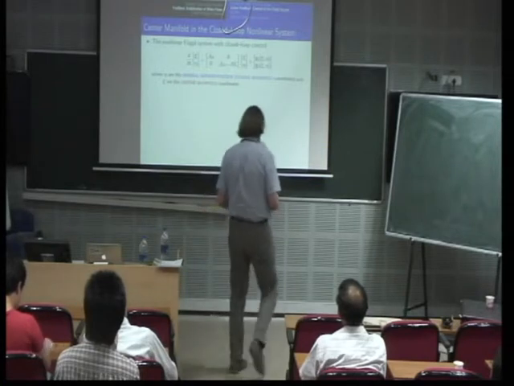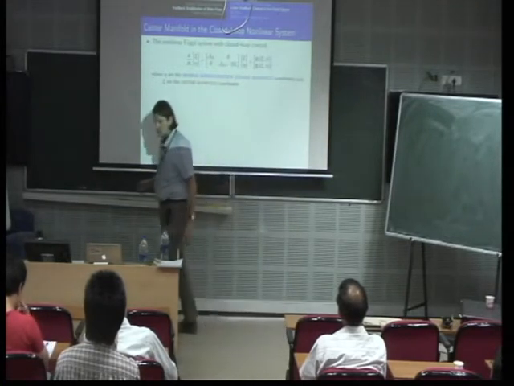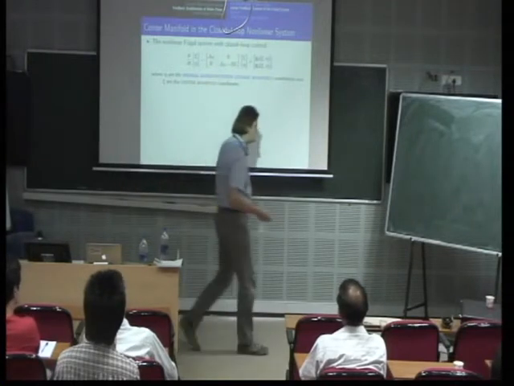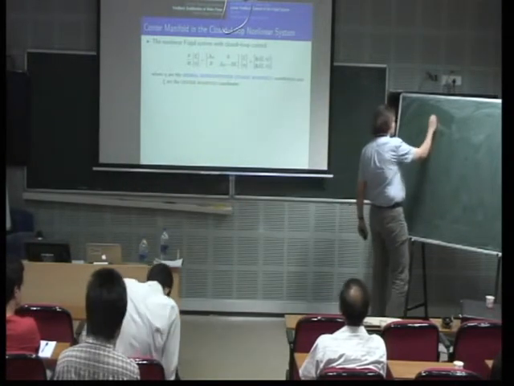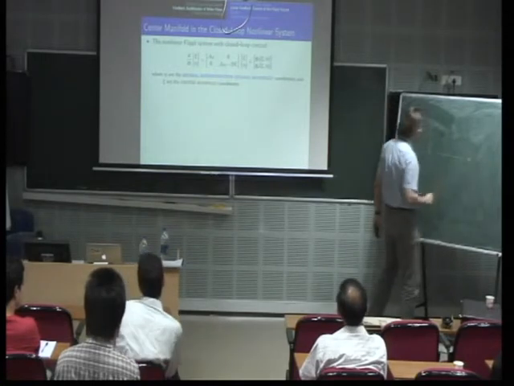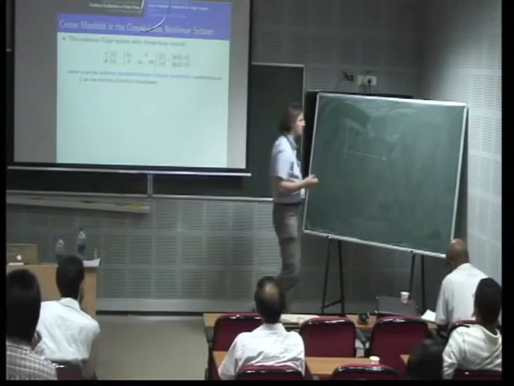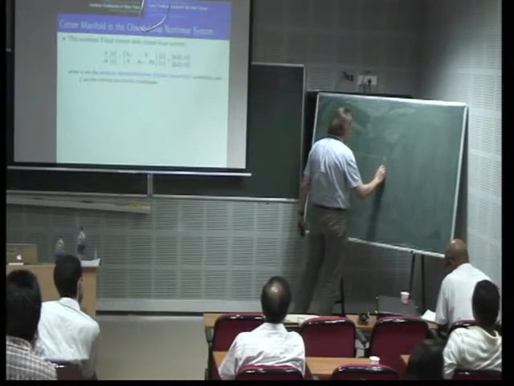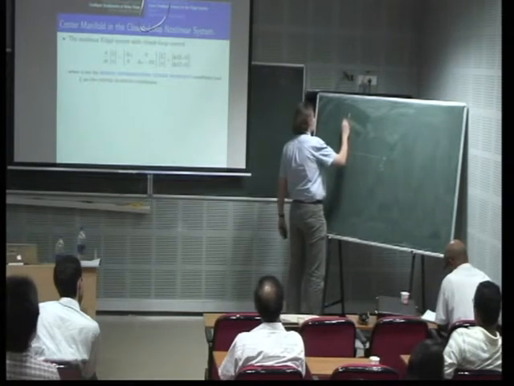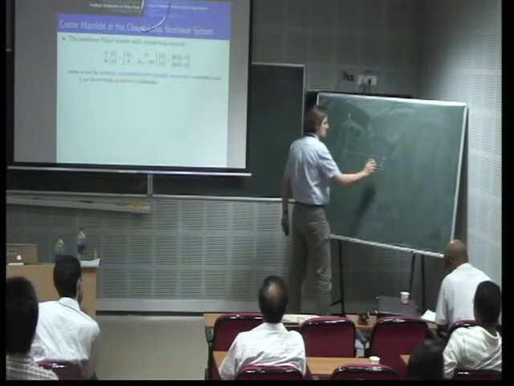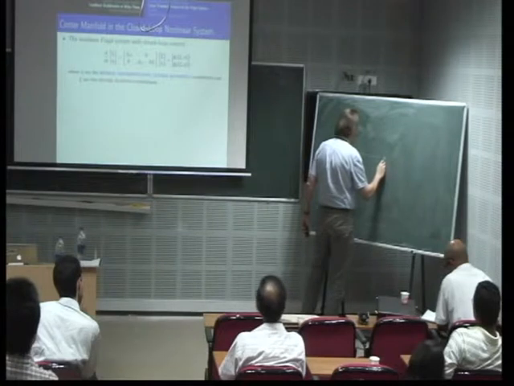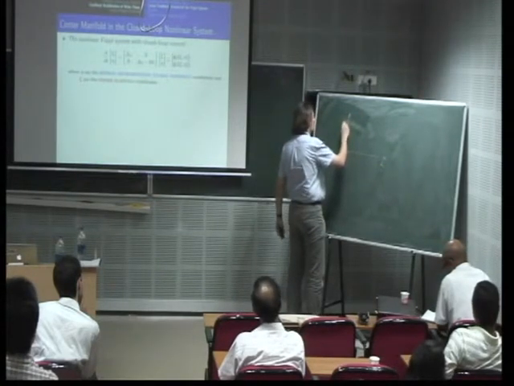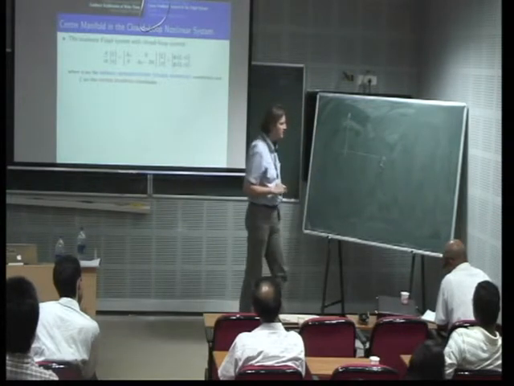So the minimal representation that I introduced at one of the earlier transparencies can be regarded as the composition of the state space into 2 subspaces. There is the controllable subspace, and its complement.